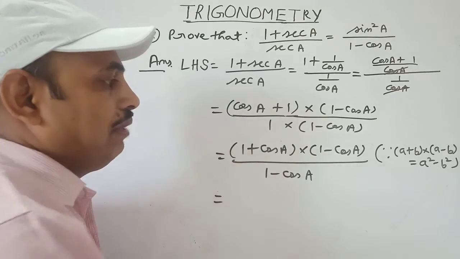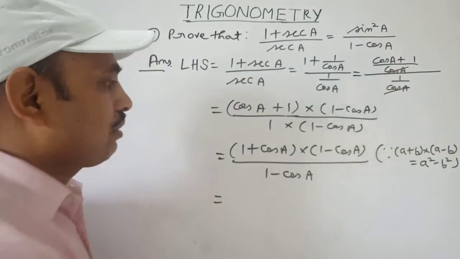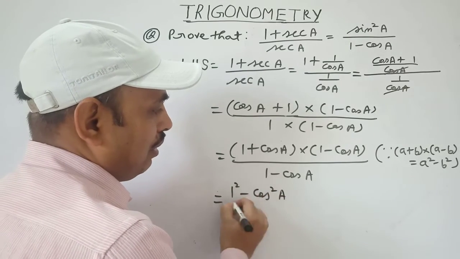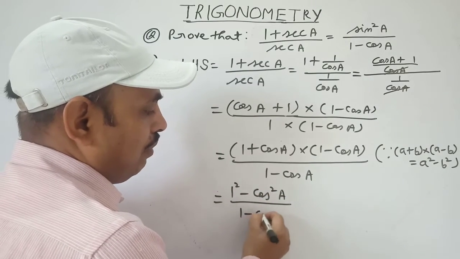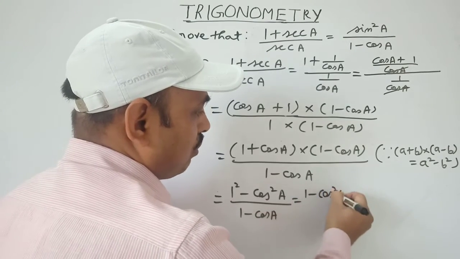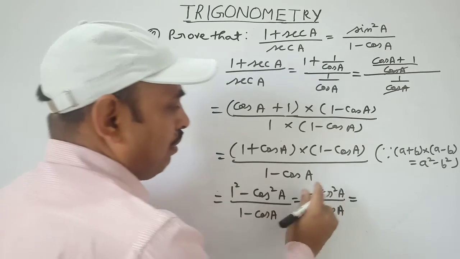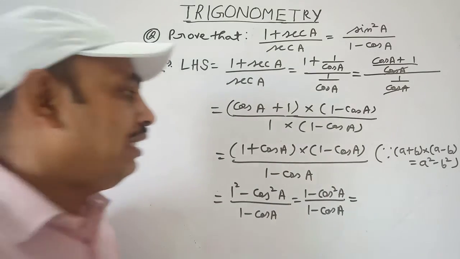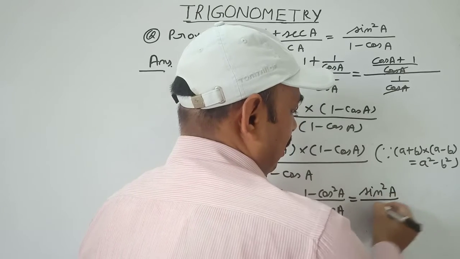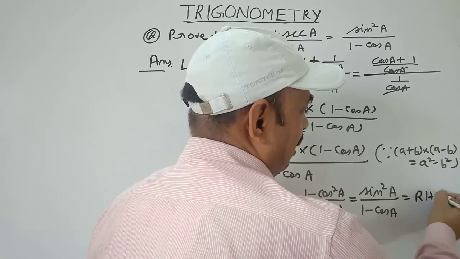So (1 plus cos A) multiplied by (1 minus cos A): (a plus b) into (a minus b), a square, 1 square, minus cos square A, upon 1 minus cos A. This is equal to 1 minus cos square A upon 1 minus cos A, and 1 minus cos square A is sin square A, so sin square A upon 1 minus cos A equals RHS.